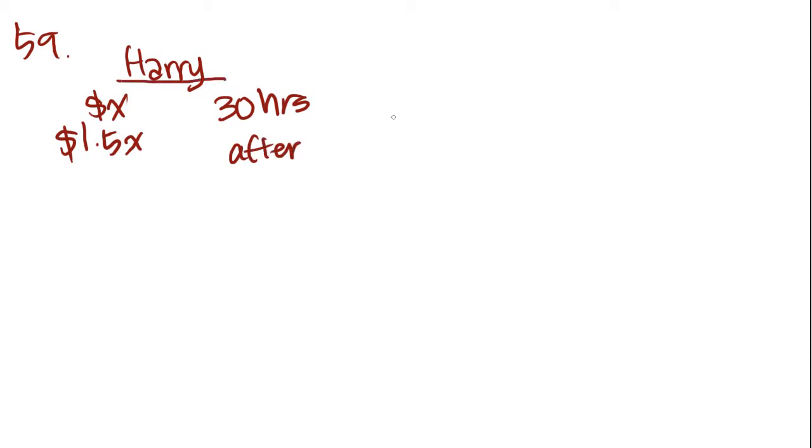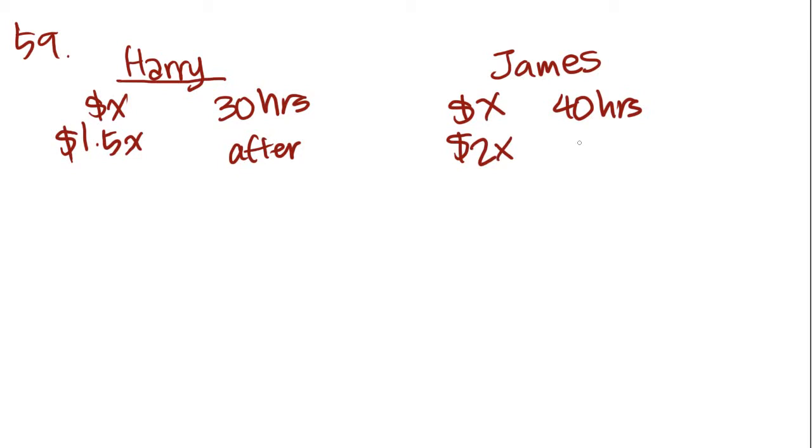And James is paid X dollars for the first 40. So X dollars for the first 40 hours and 2x for each additional hour worked.